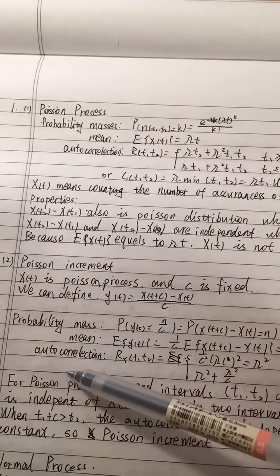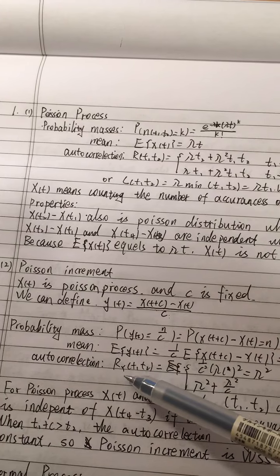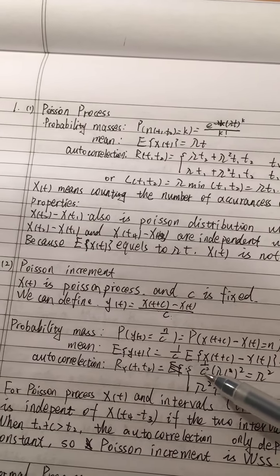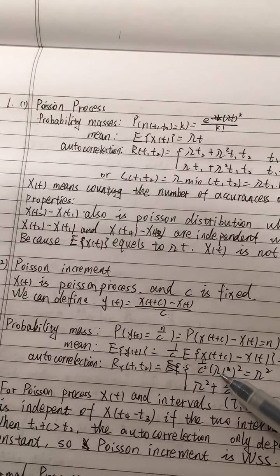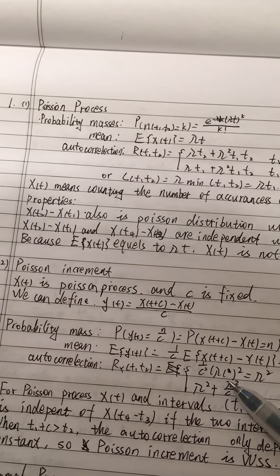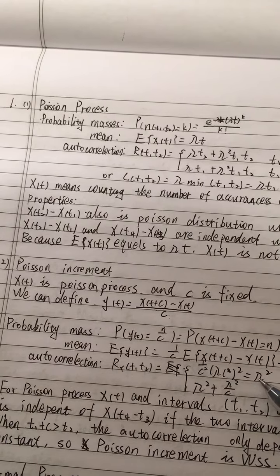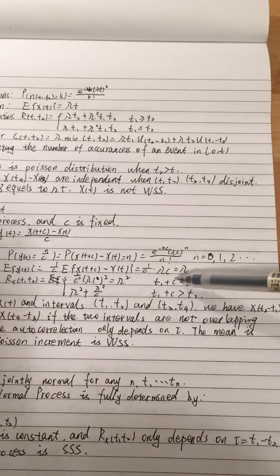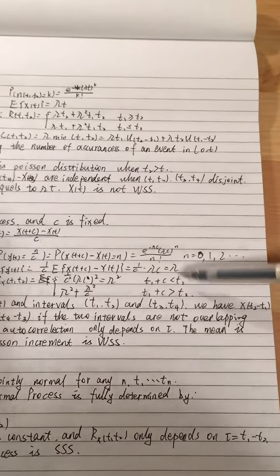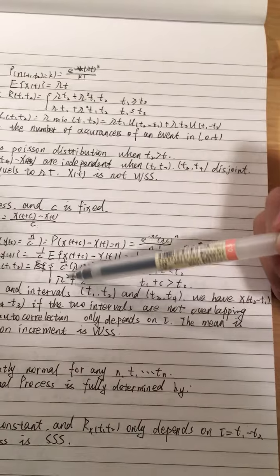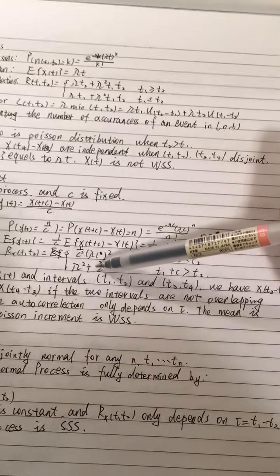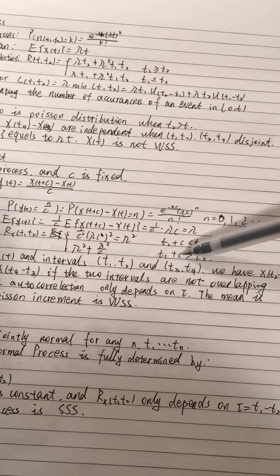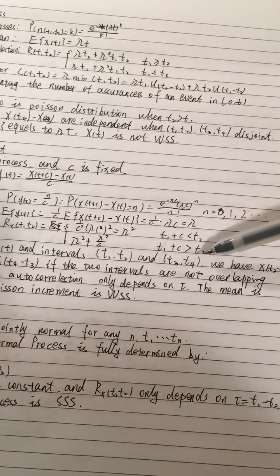And its autocorrelation is R_Y(t1, t2) equals 1 over c squared multiplied by lambda squared multiplied by c squared, which equals lambda squared when t1 plus c is smaller than t2, and it equals lambda squared plus lambda over c when t1 plus c is greater than t2.